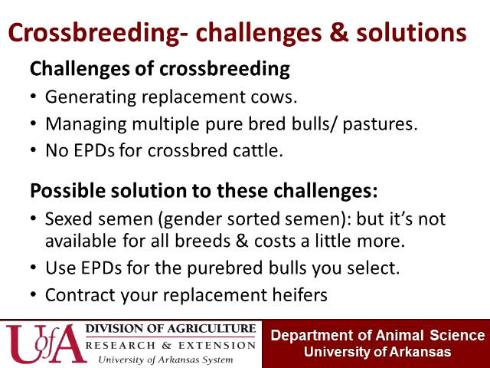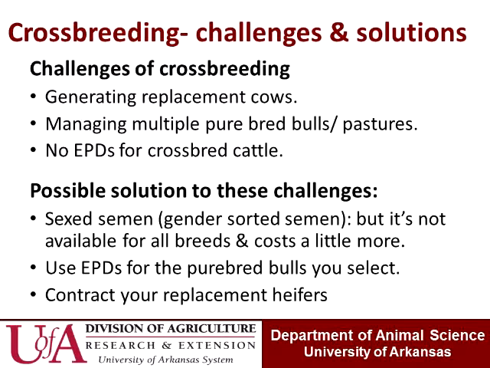So challenges and solutions. I already talked a little bit about managing different bull pastures, also generating your replacement cows. Depending on what your operation looks like, it may be easier or harder to generate those first cow crosses where you've got two purebreds that are producing your offspring. In terms of managing multiple purebred sire pastures, obviously that can be a bit challenging.